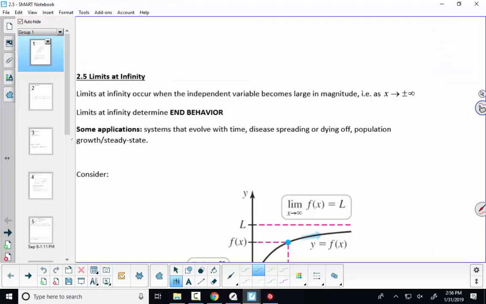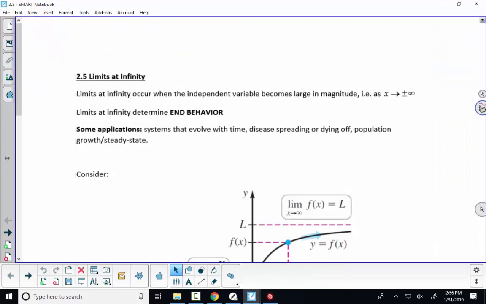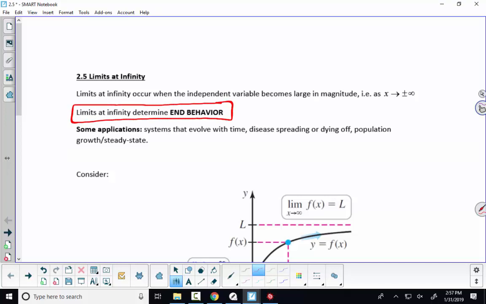So then we'll start 2.5. As we mentioned at the beginning of 2.4, limits at infinity in 2.5, they describe any behavior or where we have horizontal asymptotes. Because the nature of a limit at infinity is we're taking the independent variable and letting it go to infinity or negative infinity.